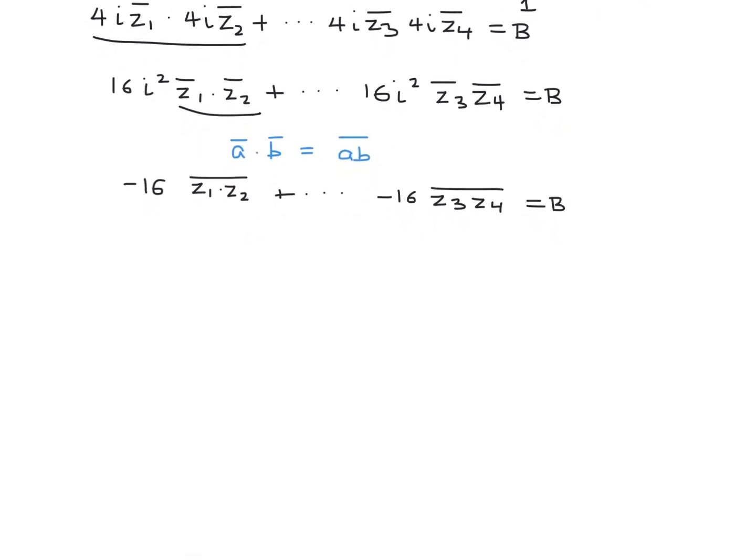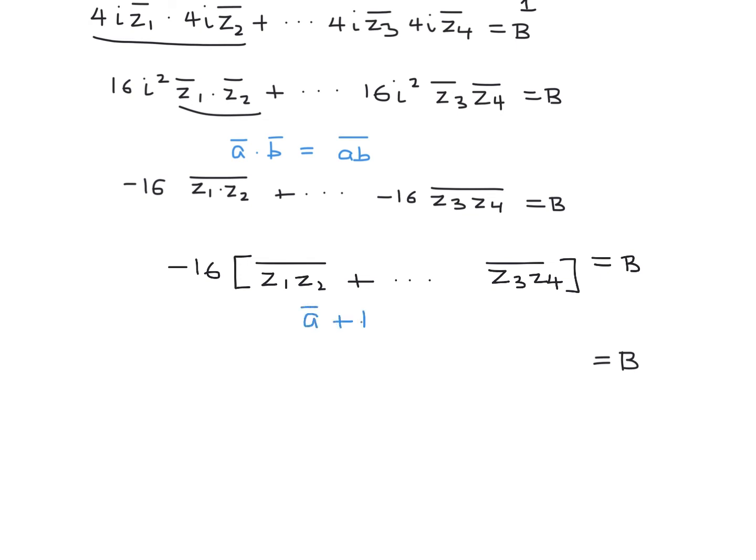Okay, so it looks to me that b is essentially just minus 16, and then all of these are combined together like that. Okay, hopefully that makes sense without too much confusion. Now we have another rule. Another rule is that if you have a conjugate plus b conjugate, it's the same as a plus b conjugate, like that.